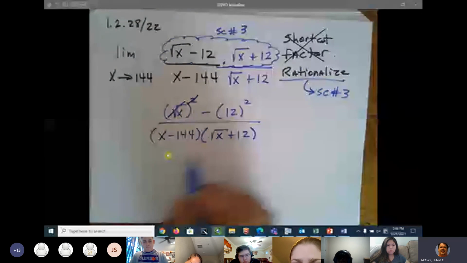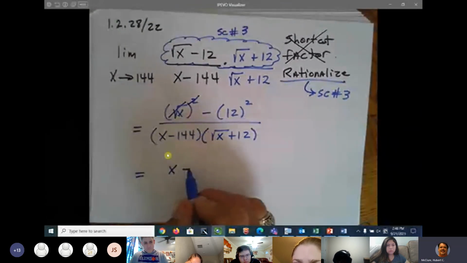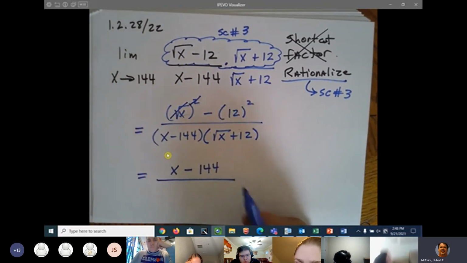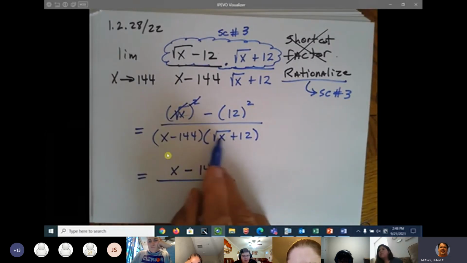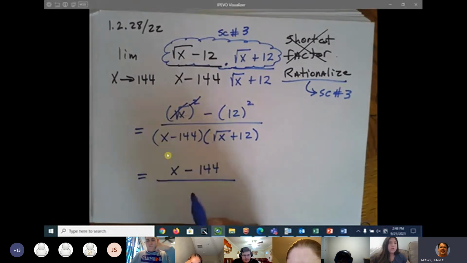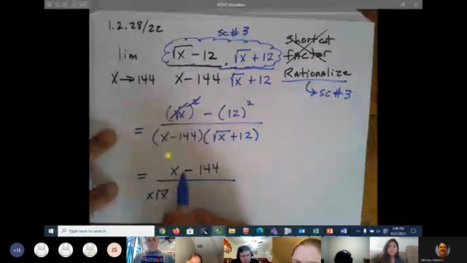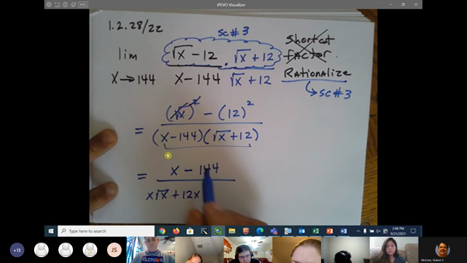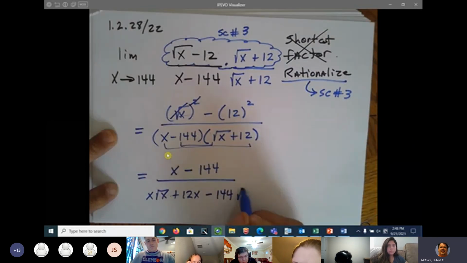So that's going to give you x minus 144 over, and you got x minus 144 square root of x. So that's going to be x times the square root of x plus 12x minus 144 square root of x.